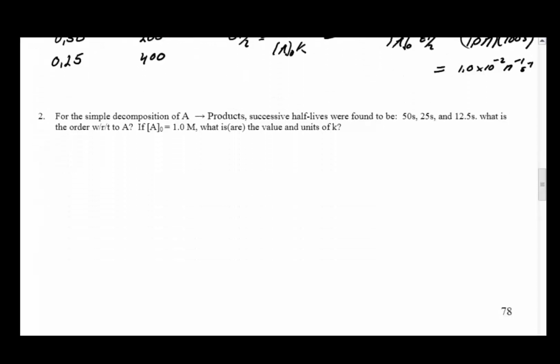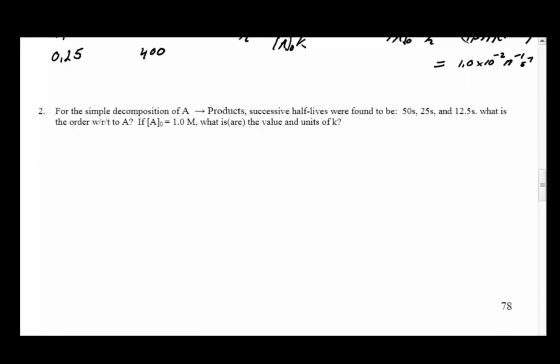In this context, this should be very simple, because now you can see the successive half-lives were found to be 50, 25, and 12.5 seconds. We can easily see that the half-lives are decreasing. Just to make very clear what's going on here, original concentration of A in molar, time 1/2 in seconds.